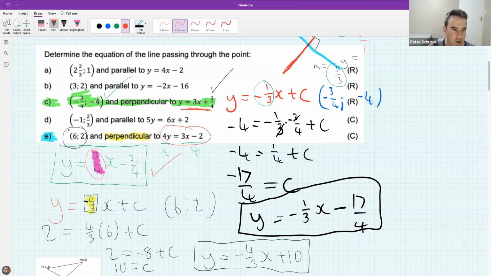Then I took the point 6, 2, which is on my line that I wanted, and I subbed it in. So here's x, here's y, there's my 2, there's my x. Then I solved for c, and so the final equation is -4/3x plus 10.